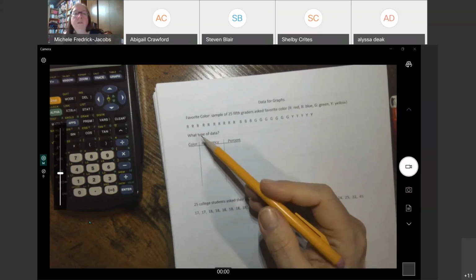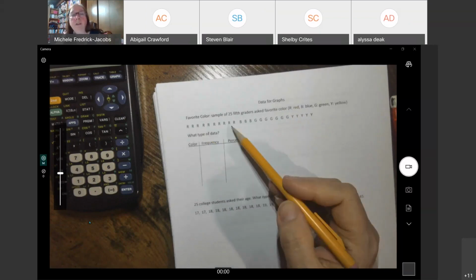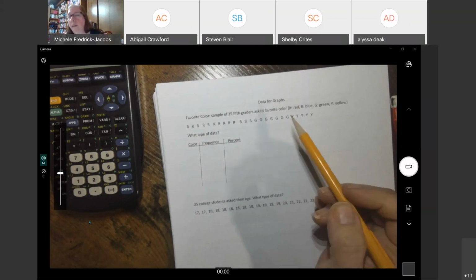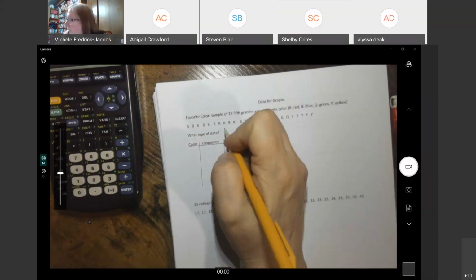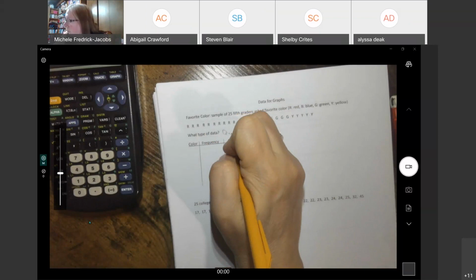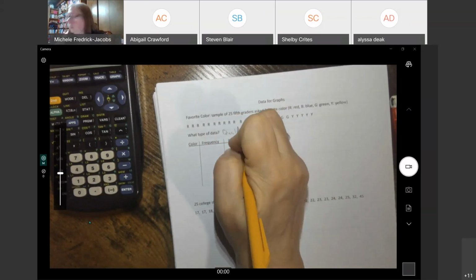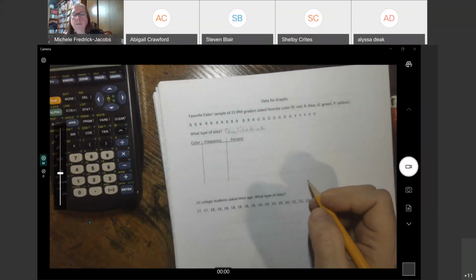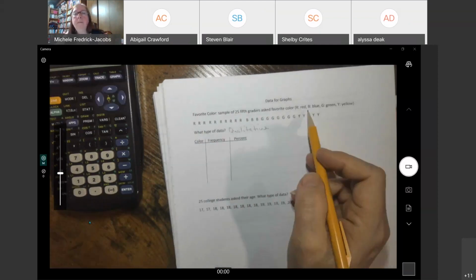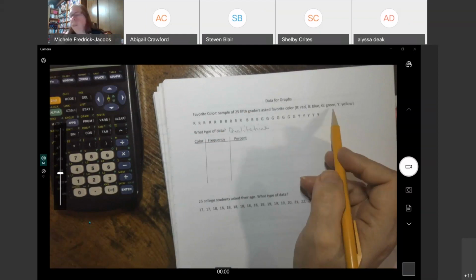Now notice this one, it's colors. So it's not a number, which means the type of data is qualitative. And so when we ask them, we got red, blue, green, and yellow.